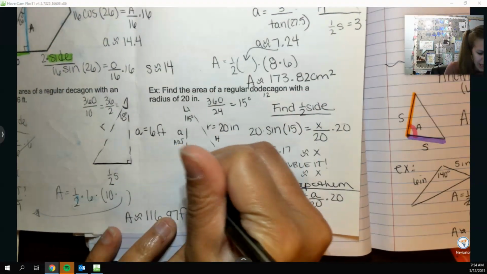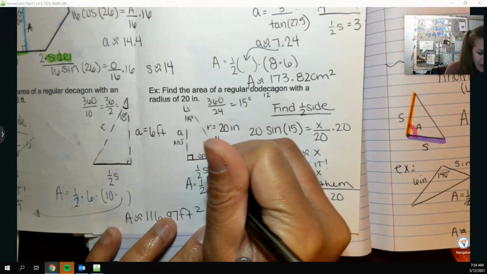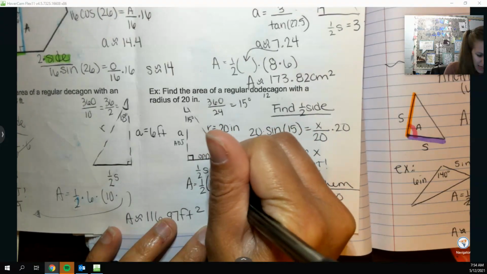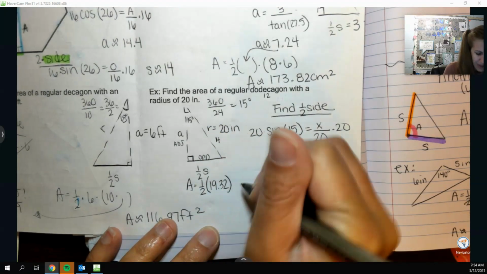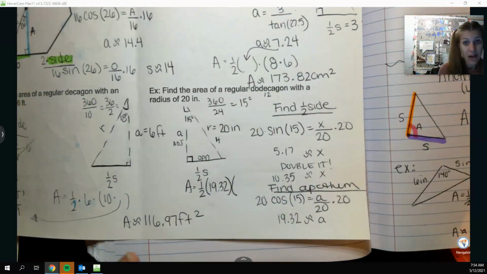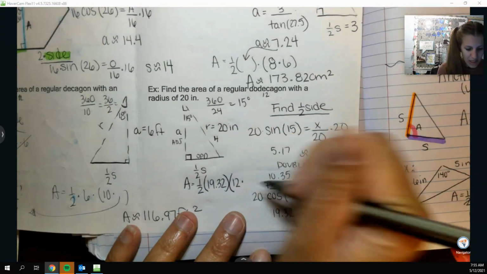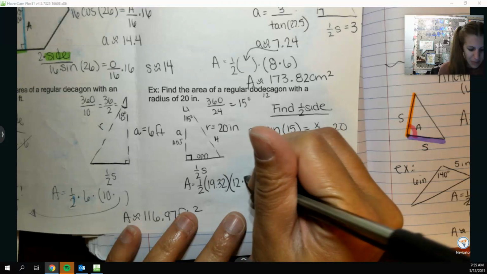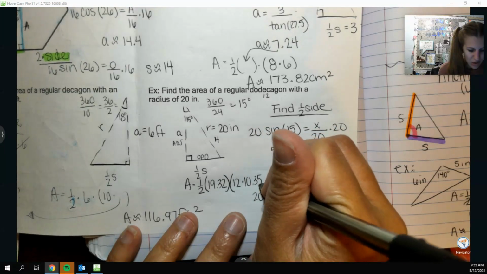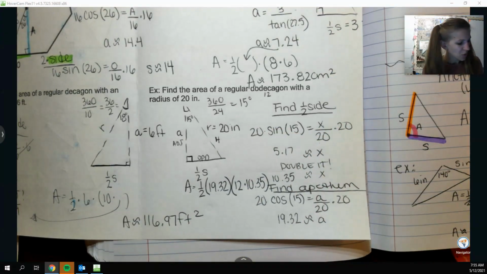We can find our area by doing half the apothem, so that 19.32 times the perimeter, which is going to be 12 times the 10.35. Because there are 12 sides, and each one is 10.35 units long.